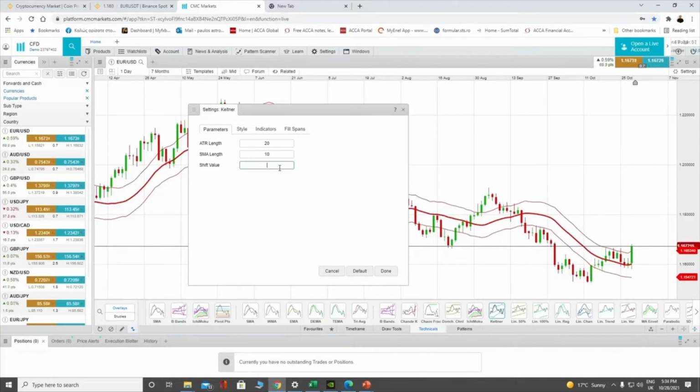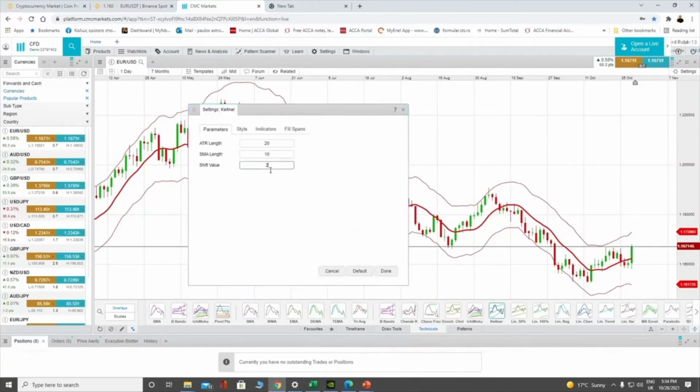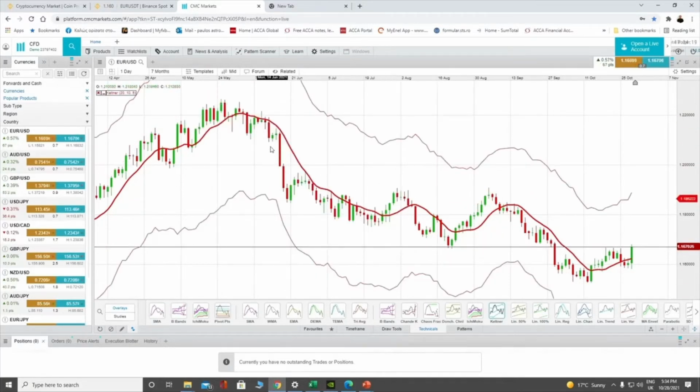Now if you put a 2.1, you see how much wider your river becomes. The baseline remains the same, but the upper and the lower values are significantly changed. Now if you put a value of 5, let's say, see how big our river is now, huge. Impossible to make a trade.